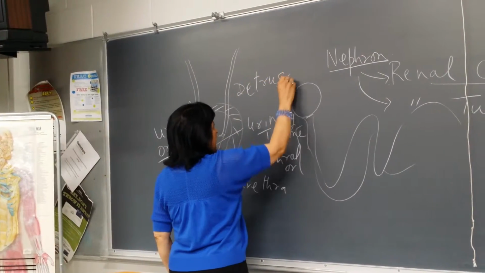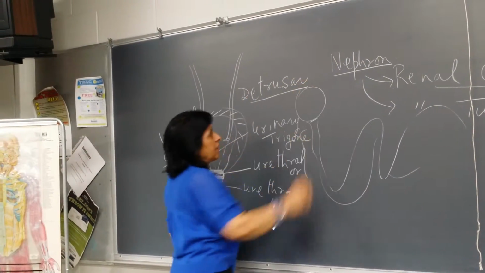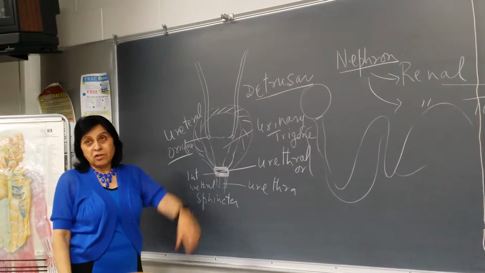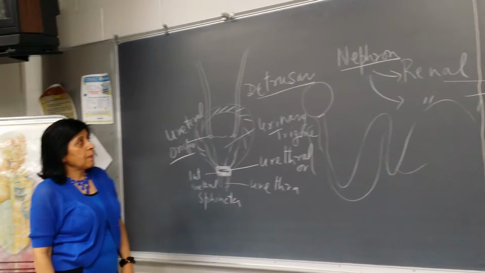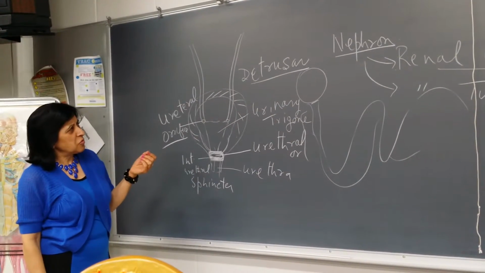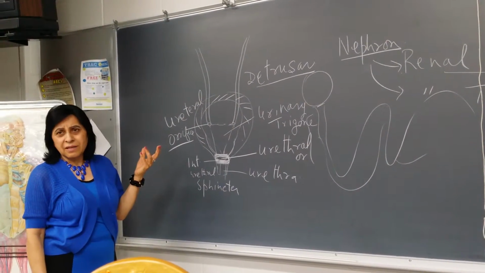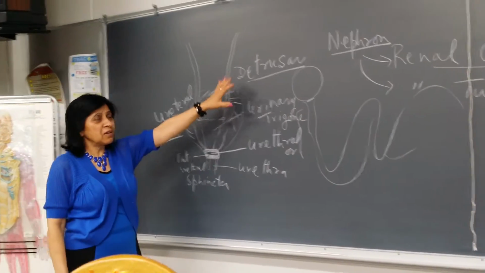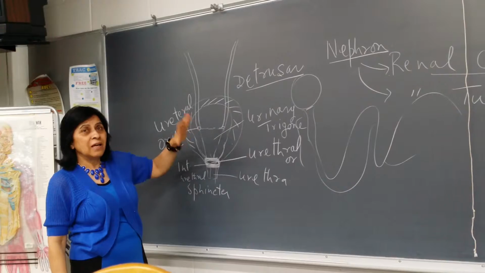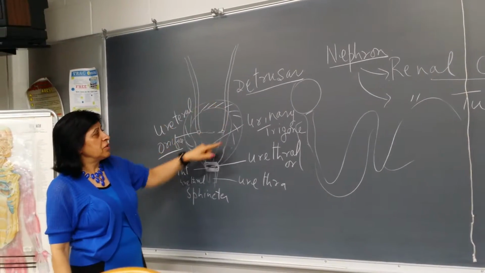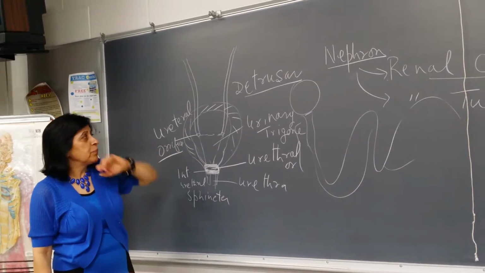And those who have taken the module 3 exams have talked about this in their exam, the detrusor muscle. And there is a medicine that they advertise called Detrol. That means the medicine that regulates this detrusor muscle so that you do not have accidents and leakage and so on. That detrusor muscle is in the wall.